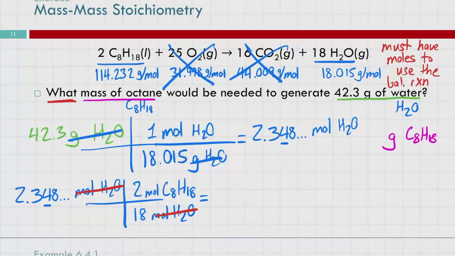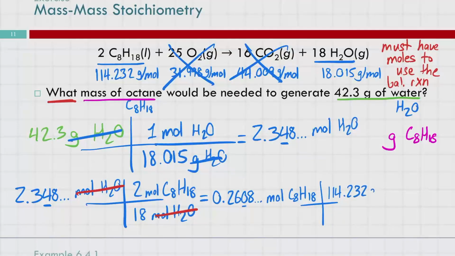So multiply by 2, divide by 18, 0.2608 moles C8H18. And then with this moles of octane, we can get to grams of octane, and that's with our molar mass, this 114 and change. And that's going to be by multiplying.